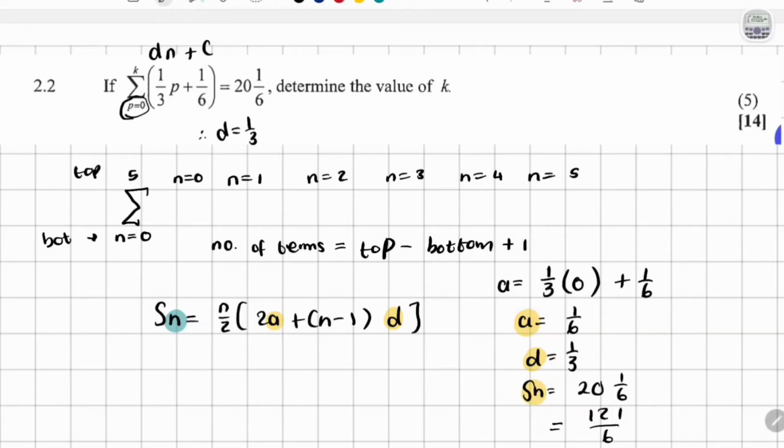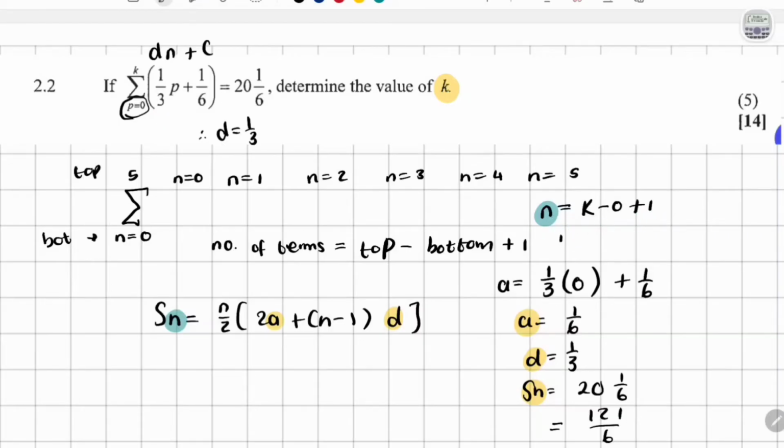But now remember, we are specifically trying to find the value of k, meaning we're not trying to find out how many terms were added to get this number. We're just trying to find where this ends, at k. So I'm already going to say this: the number of terms, this n over here, we find by saying top minus bottom plus 1, which is k minus 0 plus 1.